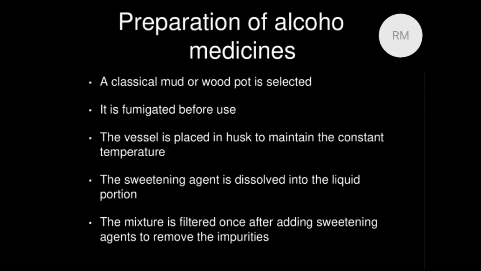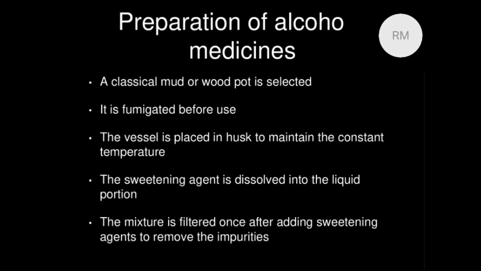The use of the husk is actually to preserve the temperature. It is a kind of insulation, and it ensures that the temperature inside this wine pot will be preserved and remain stable till the brewing is complete.